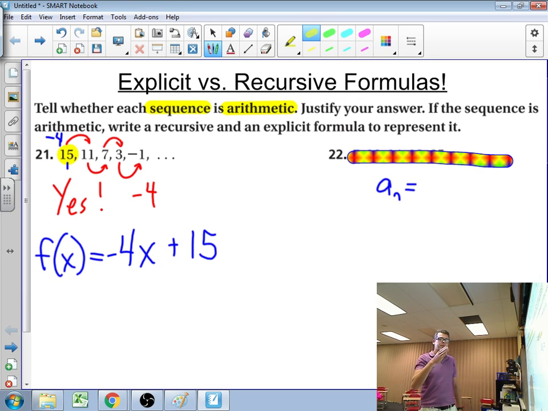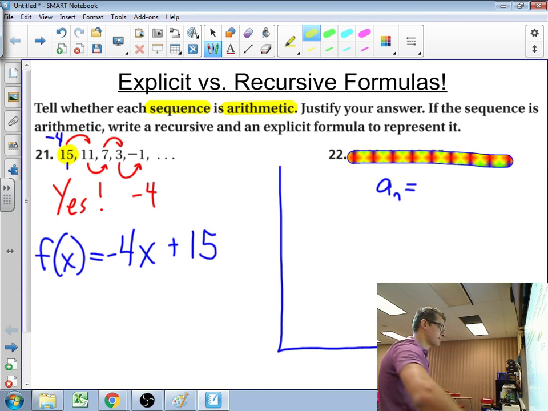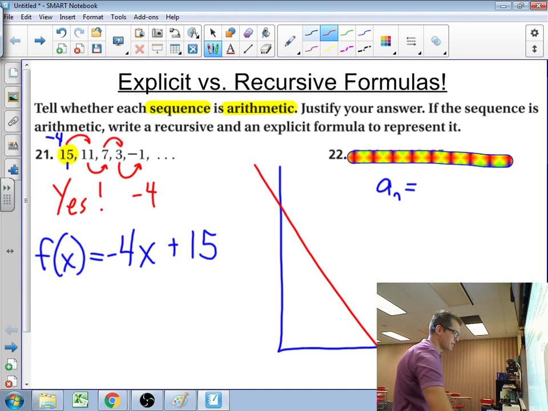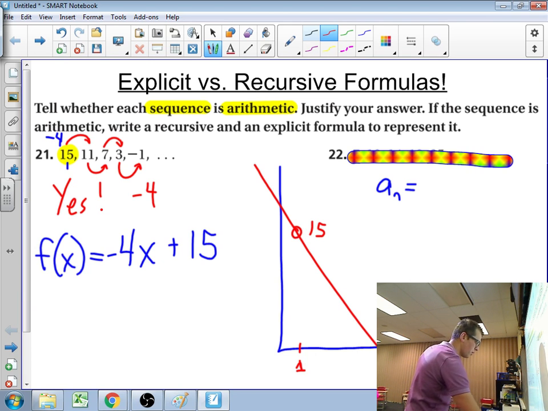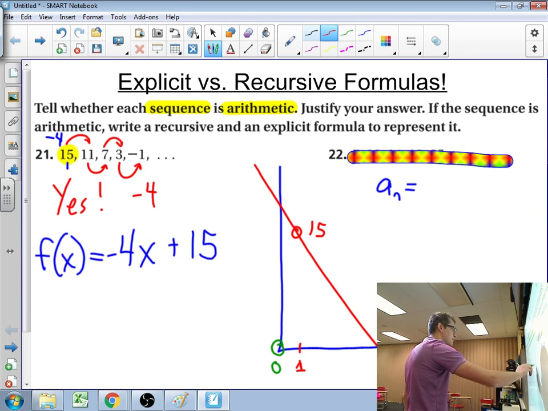What would that be? Well, if every time I move 1 to the right going on the x, I lose 4. So when I think about this graph, if I have my x and my y-axis, be some kind of line like this. Well, I know that when x equals 1, and you can see most of this, that y is a value of 15. But if I think about what would x be, or what would y be when x equals 0, well, I know that this change, again, to go from 15 up to my 0 term, that would be a difference of 4.